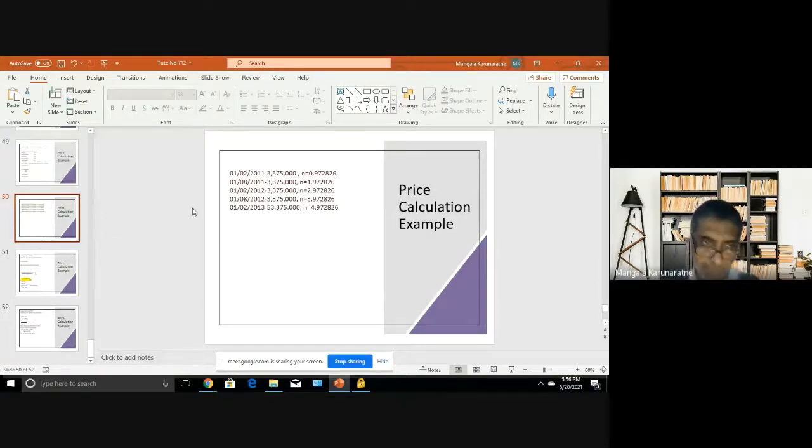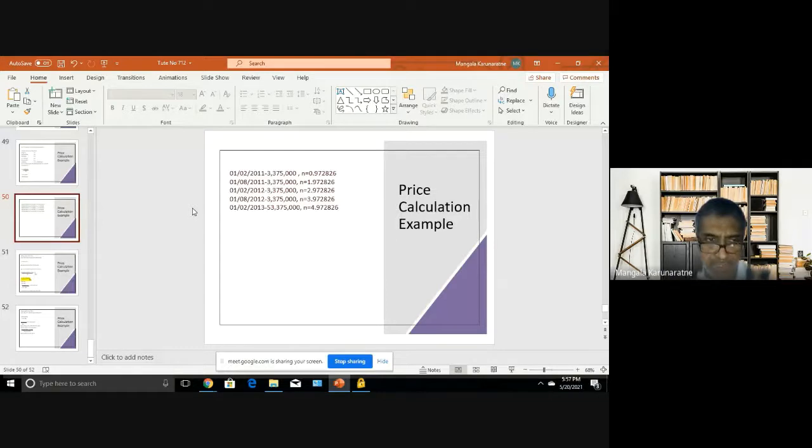When we do it on the screen, you feel you can easily do it, but when you apply the data into the formula, sometimes you get stuck here and there. If you do it a few times, you know how to apply it.